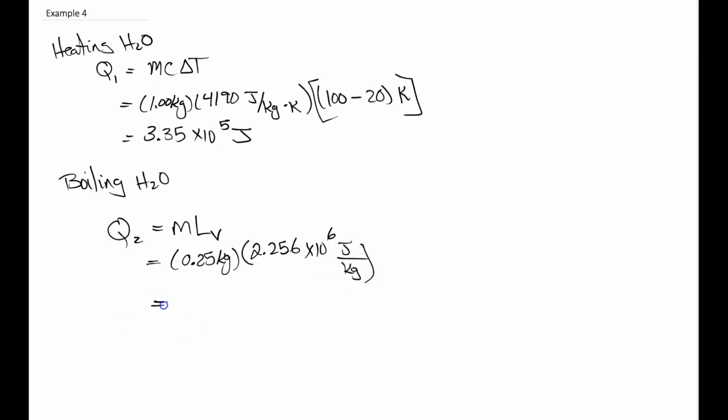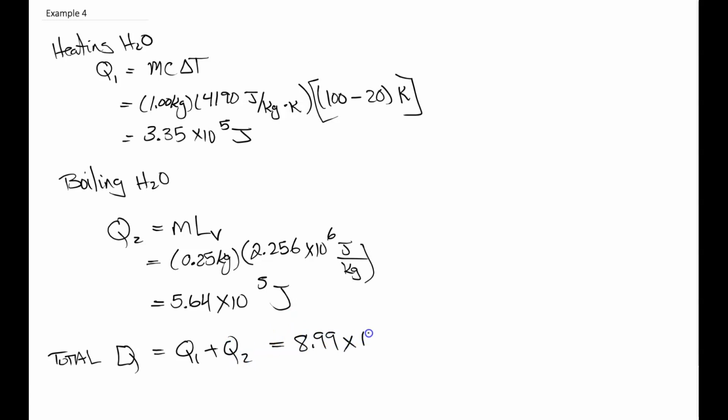So this gives us 5.64 times 10 to the 5th joule. So the total energy is going to equal the sum of Q1 plus Q2, which is 8.99 times 10 to the 5th joule.